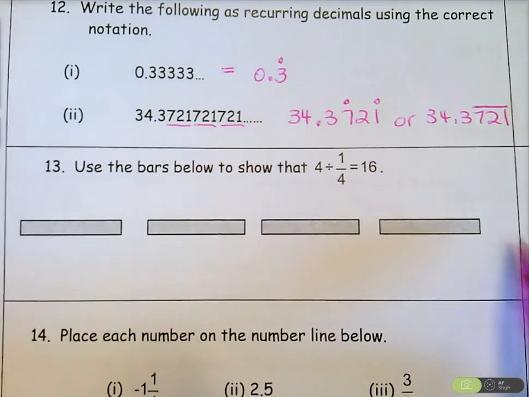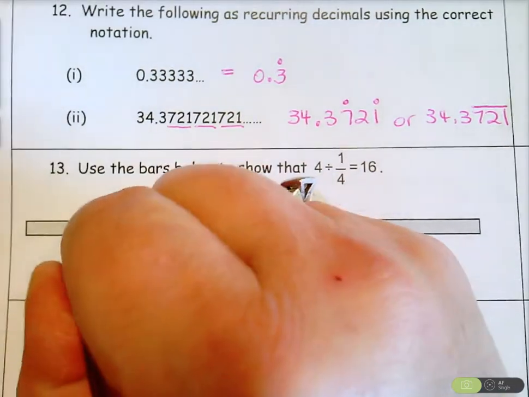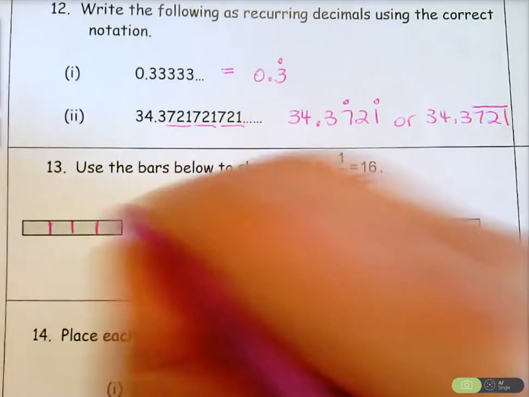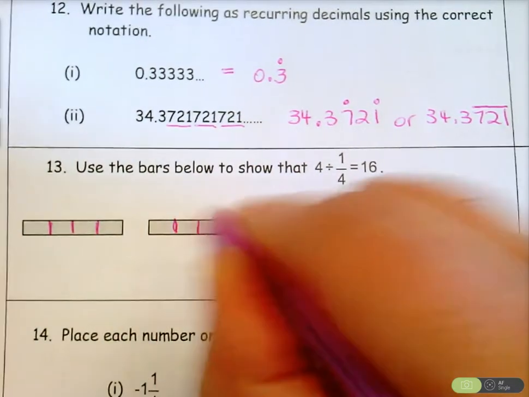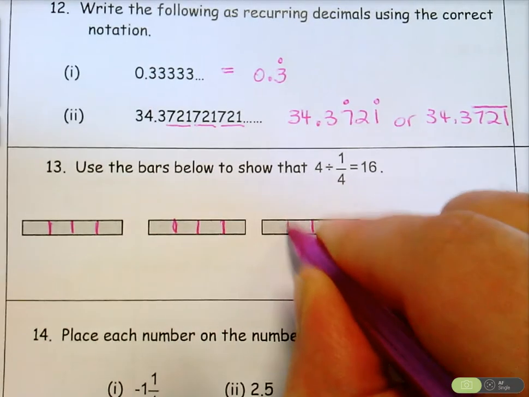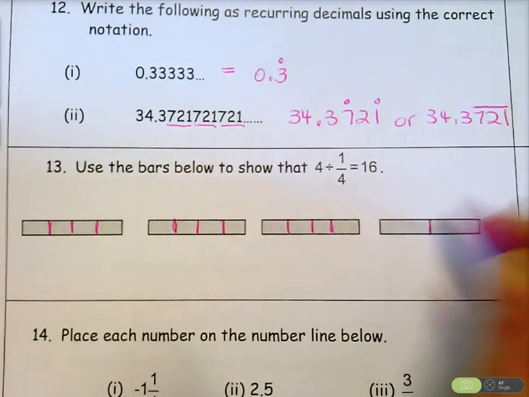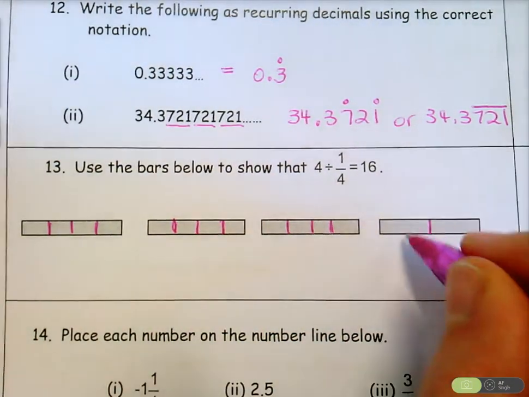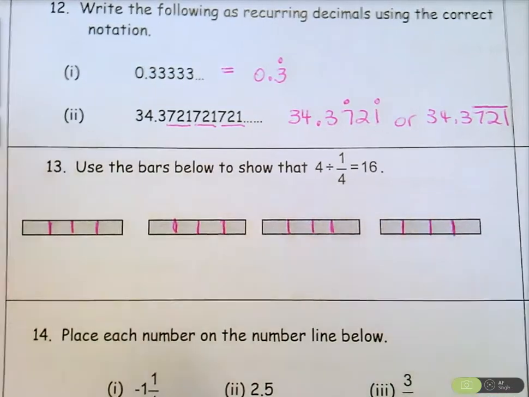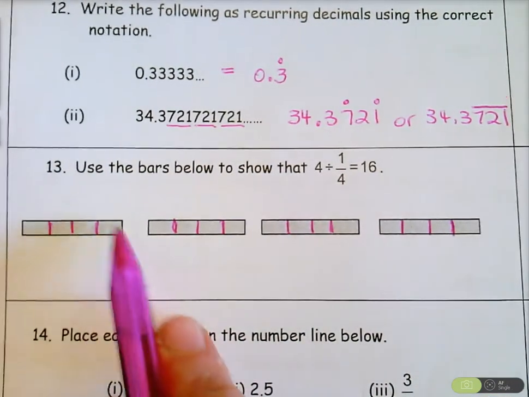What do I do to these bars? What do I break them up into? Into quarters. So each one whole can be broken up into how many quarters? Girls, can you see why 4 divided by a quarter is 16? Because I end up with 16 pieces.